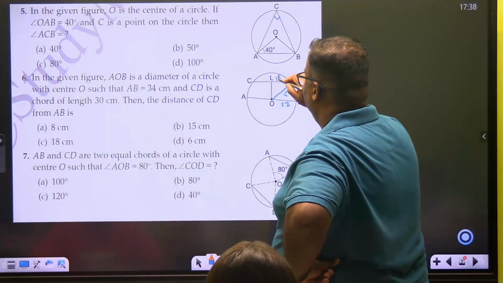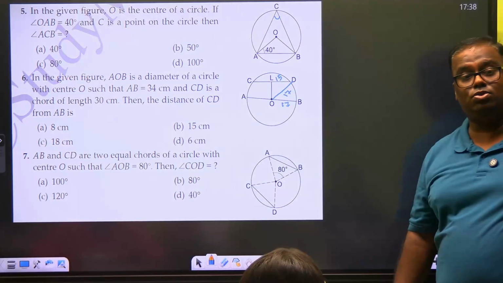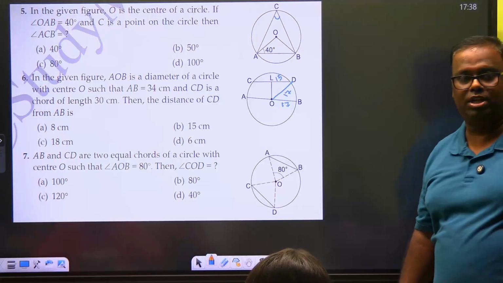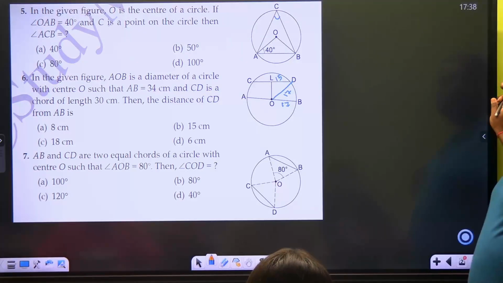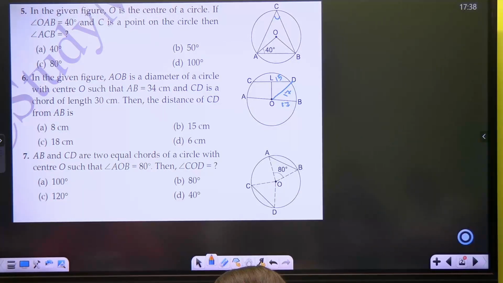15. 15 square plus... 289 minus 225. 25 आएगा. 25 का हाफ करेंगे, रूट करेंगे तो 5 होगा. 5 नहीं है. 6 नहीं 6. देखो 17 square is how much? 289. 289 minus 225. 200 gone.